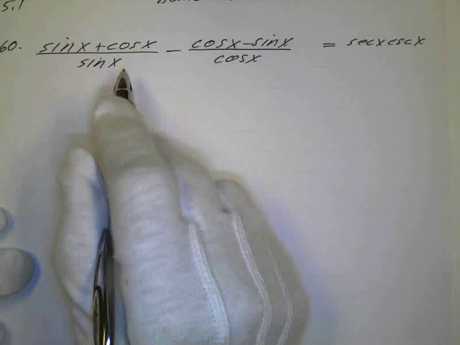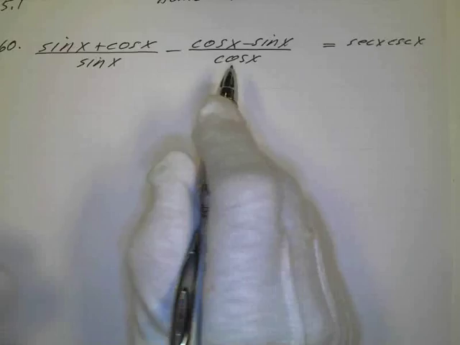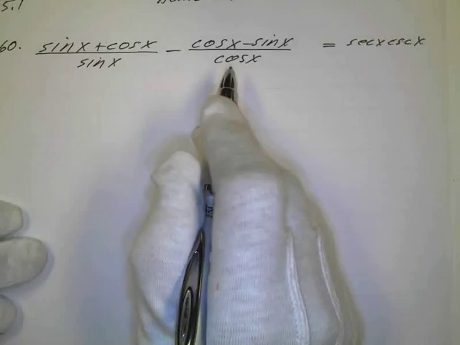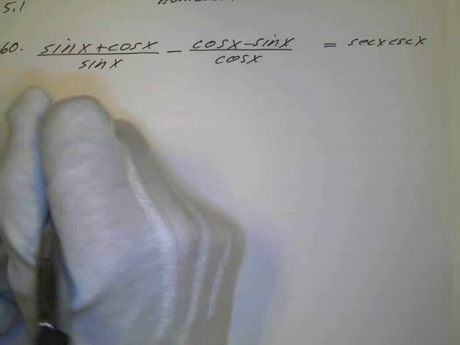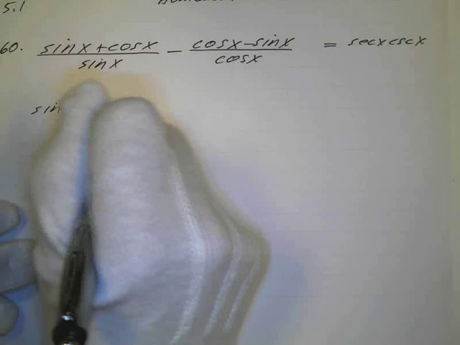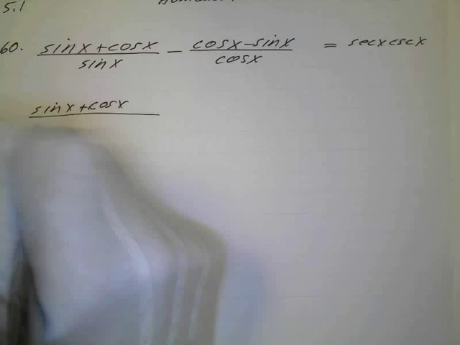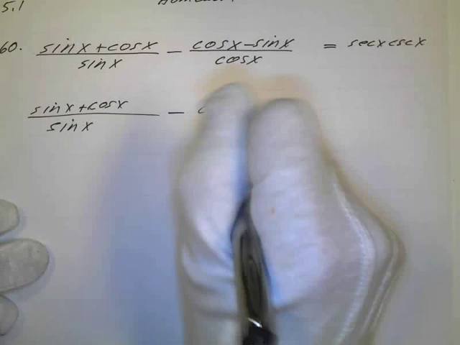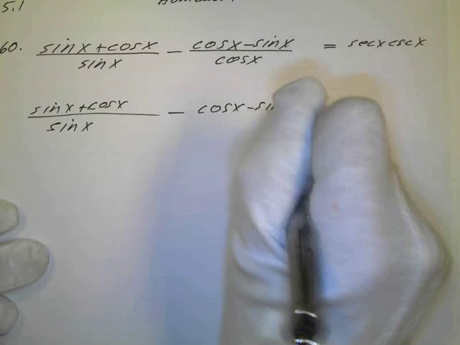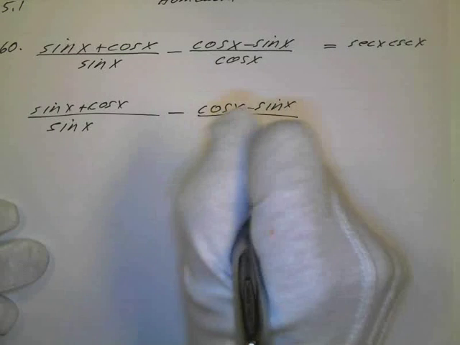So it looks like the least common denominator for these fractions would be sine x cosine x. So we'll take this first fraction. I guess I could rewrite it: sine of x plus the cosine of x all over the sine of x, and then minus the cosine of x minus the sine of x all over the cosine of x.